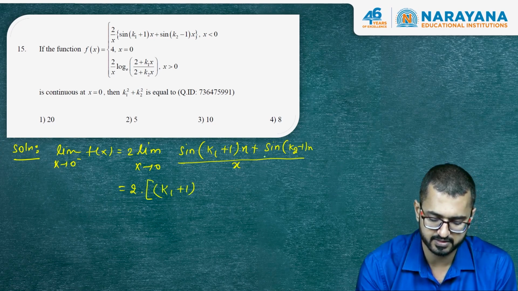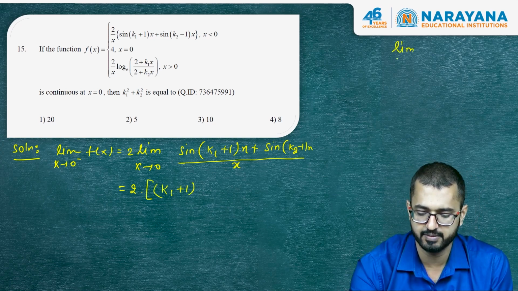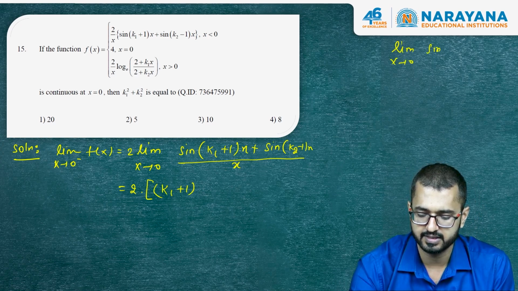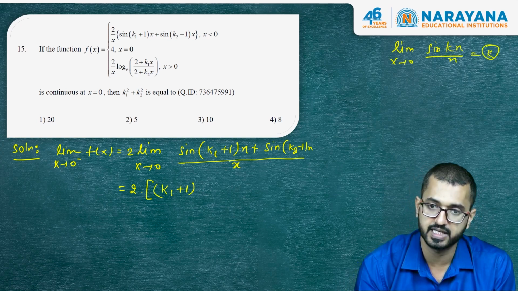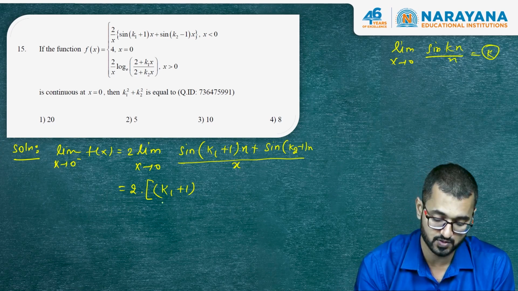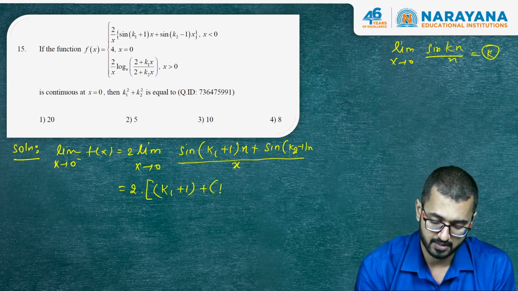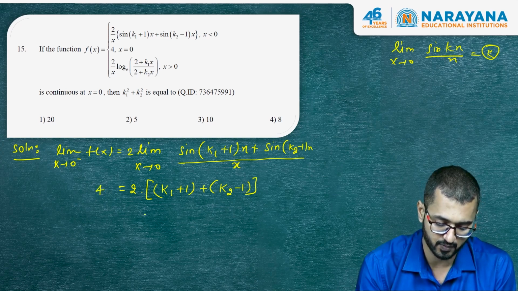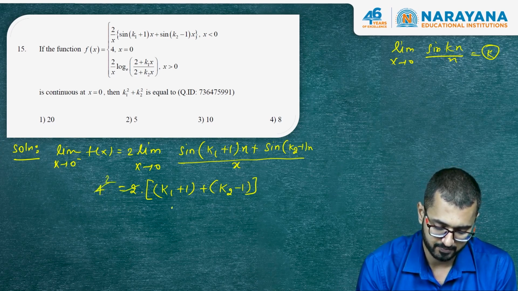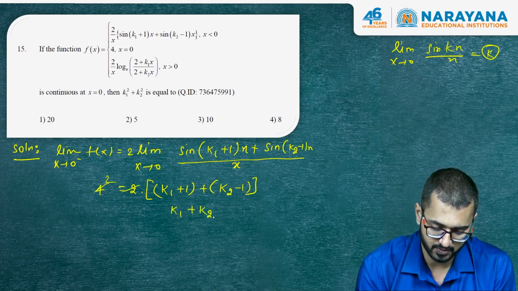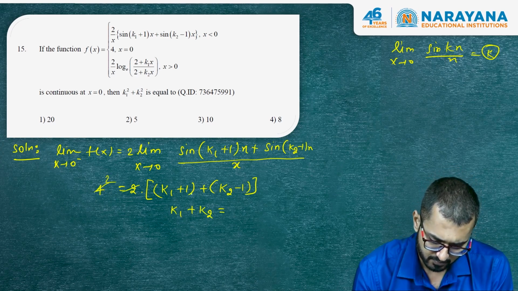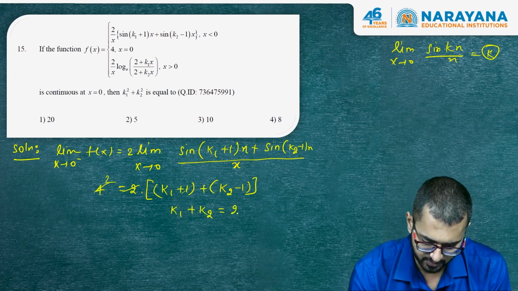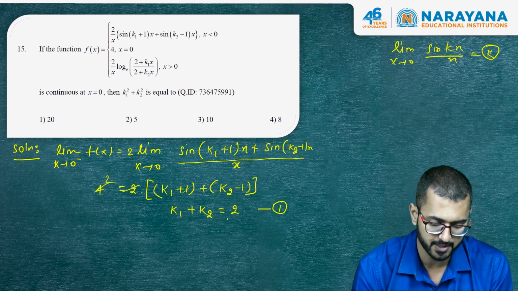It's like this: limit x tends to 0 of sine of kx by x gives k, so we are using that concept. So we have here k1 plus 1 plus k2 minus 1, and this must be equal to 4. So from here, this 1 gets cancelled, and k1 plus k2 is 2. Call this equation 1.